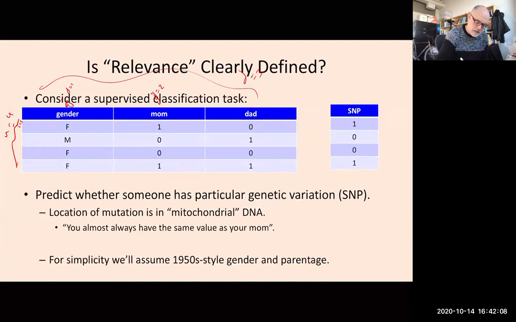Here's the Y. This is what we want to predict, whether or not somebody has a particular mutation. And let's assume that the location of the mutation is in the mitochondrial DNA. So that means that you almost always have the same value as your biological mother, okay?